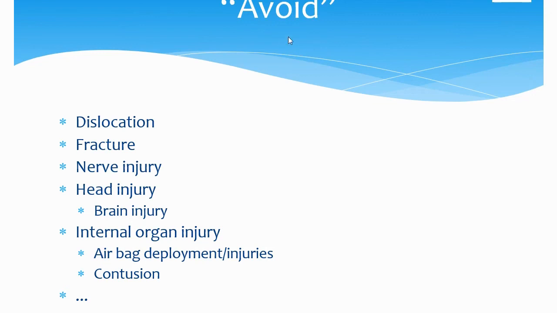There are different issues that we try to avoid treating in our office, such as dislocation of the joints, fractures, and major nerve injuries that are not treated by simple physical therapy.